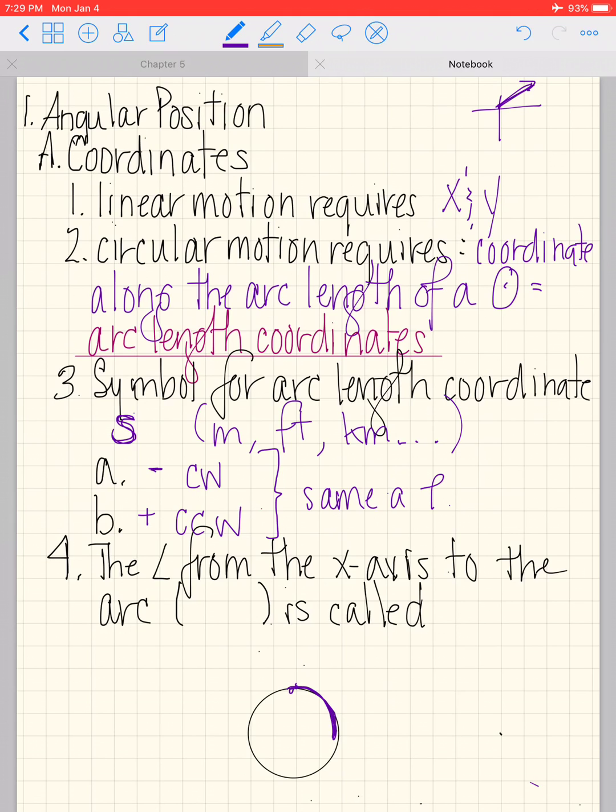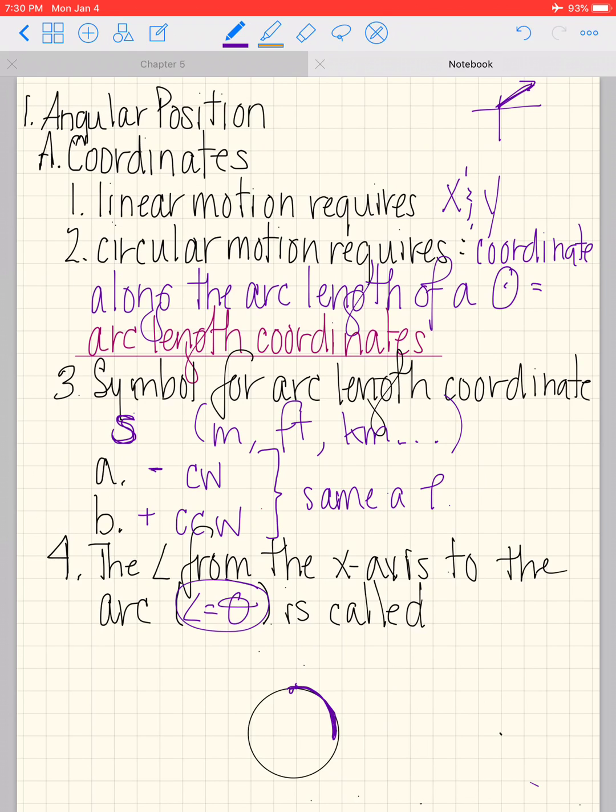A different way that we can look at how much we've traveled around a circle is to look at the central angle that we've swept. How much of the angle of the circle have we gone through? The angle from the x-axis to the arc is called theta, and that's my symbol right here.